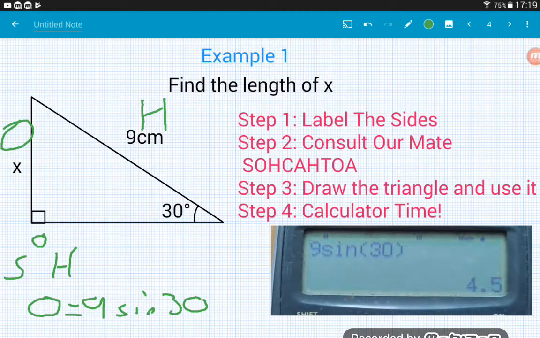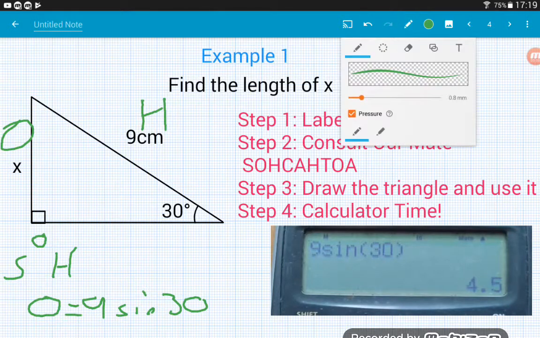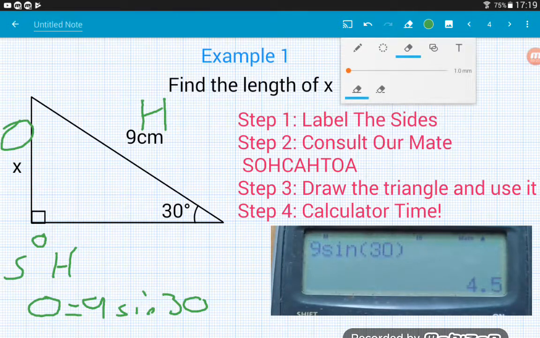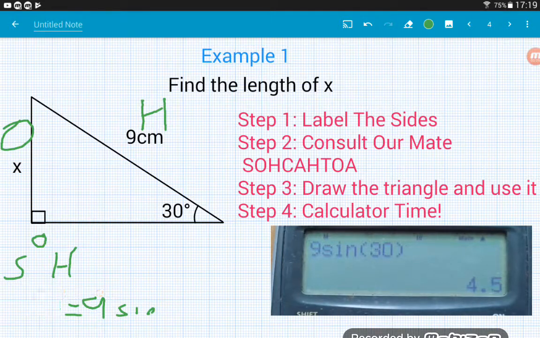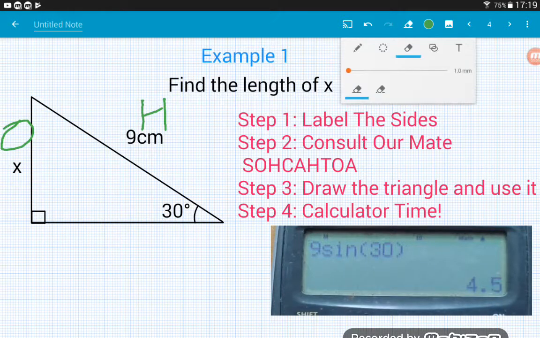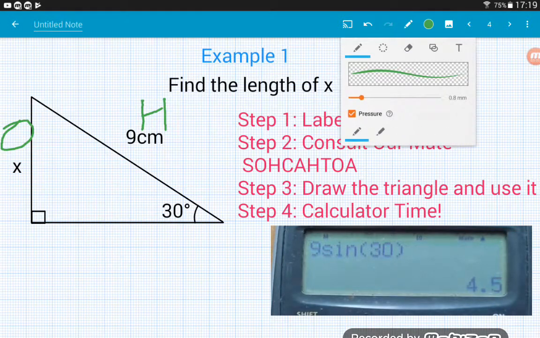So we can do it without the triangles as well. So let me just demonstrate that. Obviously you don't have to use them, but whilst you're still learning trig, they probably are quite helpful. So let's just have a look at how we would do it without the triangle there.